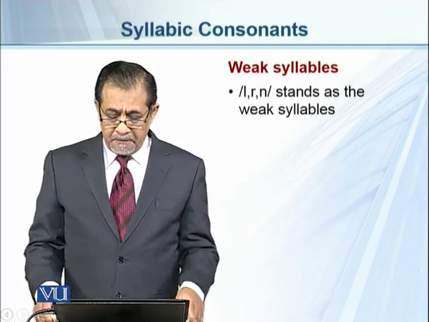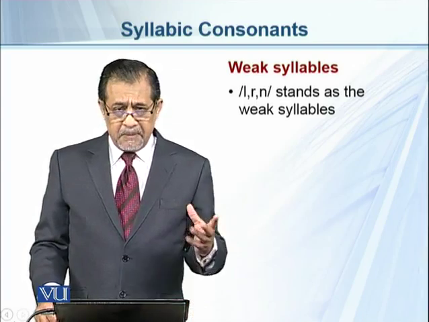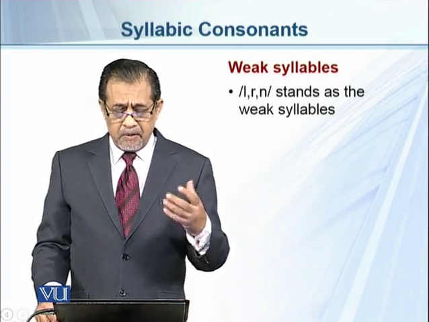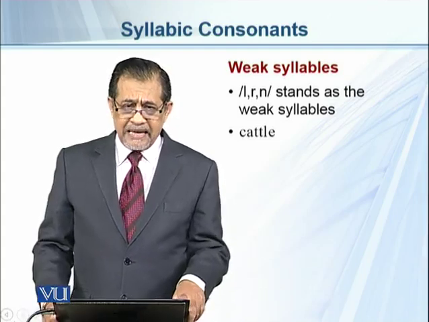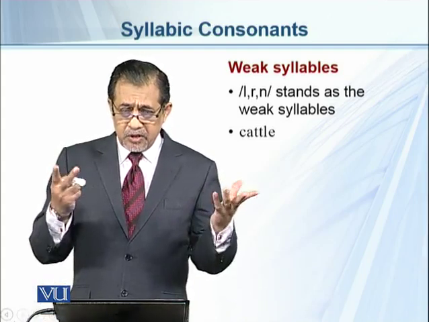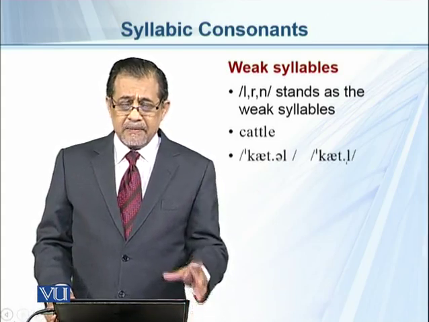For example, sounds like l, r, and n make the unstressed syllable weaker. If you look at the word cattle, it consists of two syllables: cat-l.